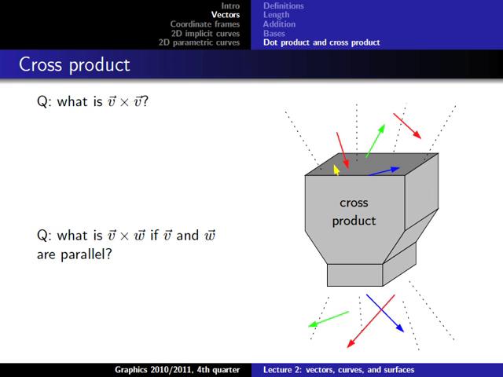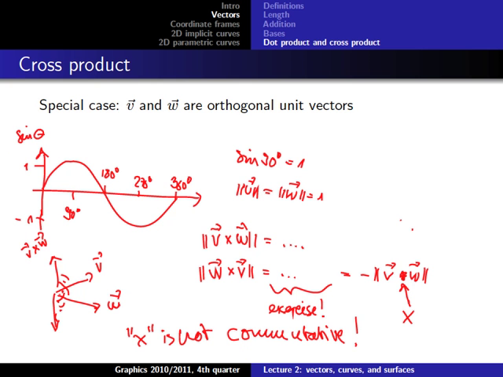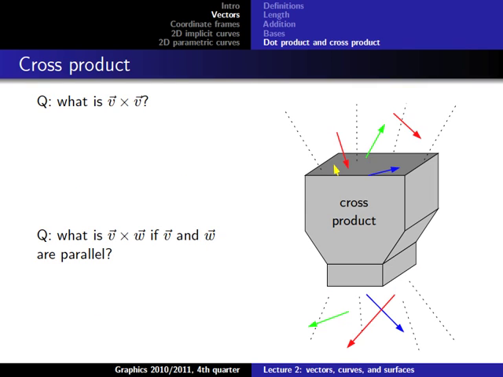The other is to use the sine and this condition here, because if it's a vector with itself, the angle is 0, so the cross product is, of course, the null vector, because the sine of 0 degrees is 0. And what happens if they're parallel? If they are parallel, then the angle is also 0, so you can also say the null vector.